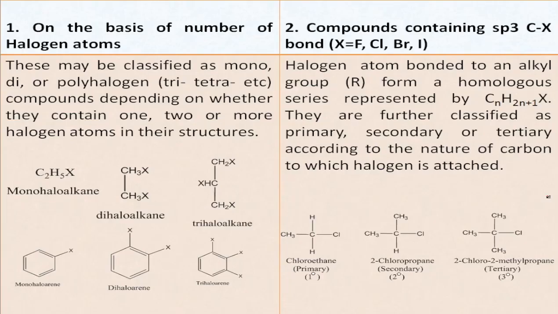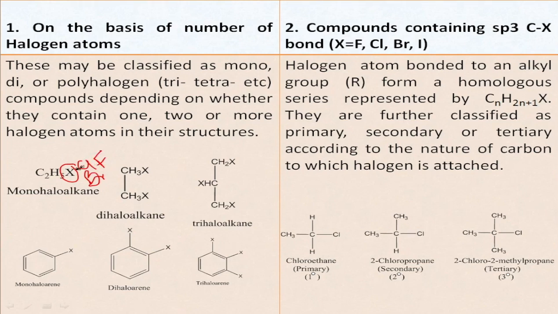Number 1, on the basis of the number of halogen atoms. Halogen atoms can be Cl, Br, F, fluorine.